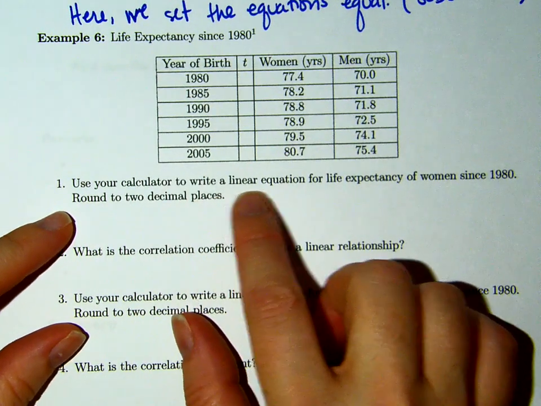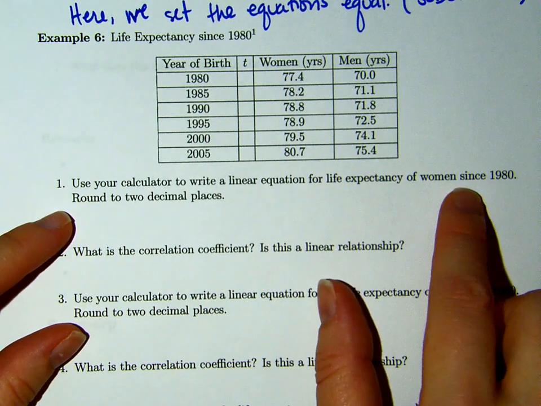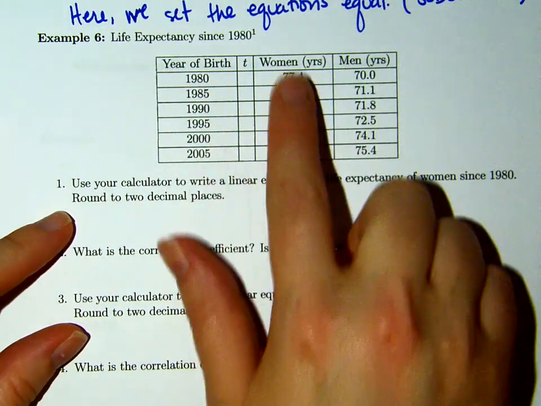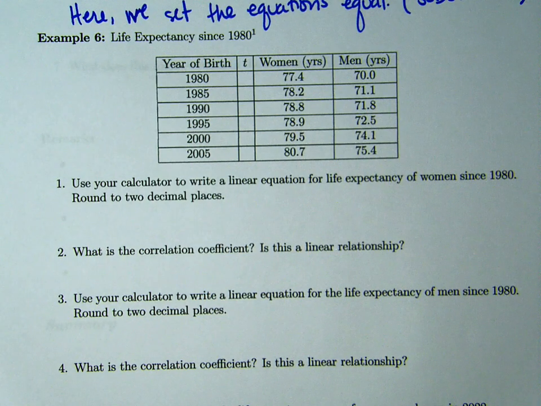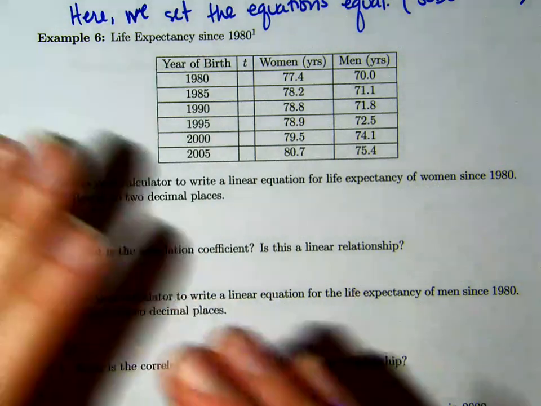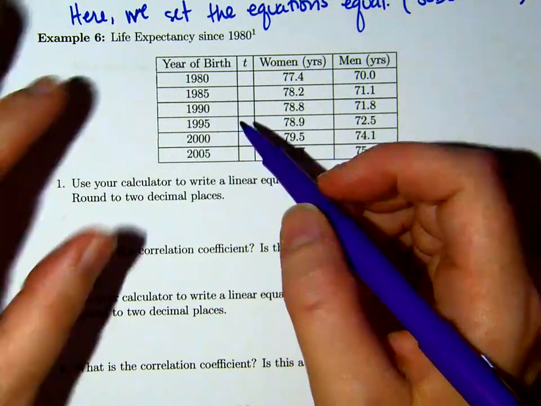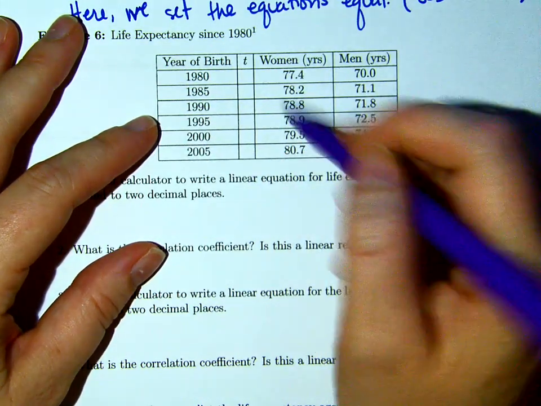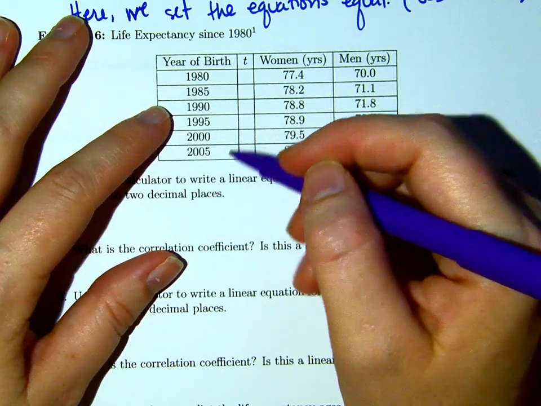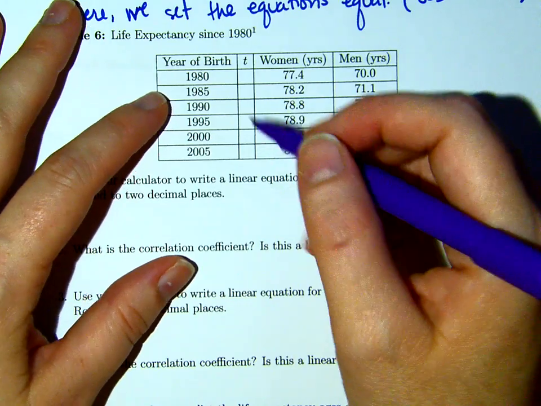Use your calculator to write a linear equation for life expectancy of women since 1980. Okay, so first we need to pin down what is the explanatory variable and what is the response variable. I believe that time is independent of men and women, so people in general, all people.